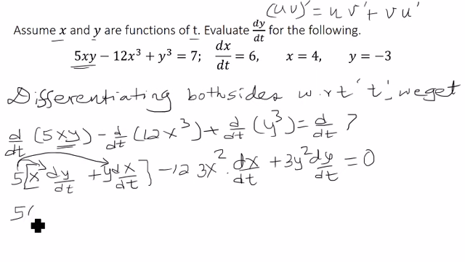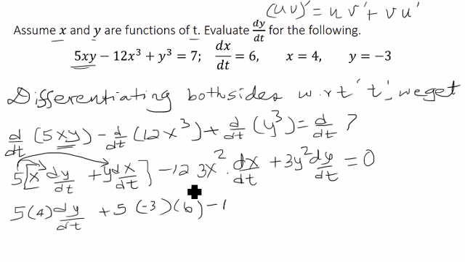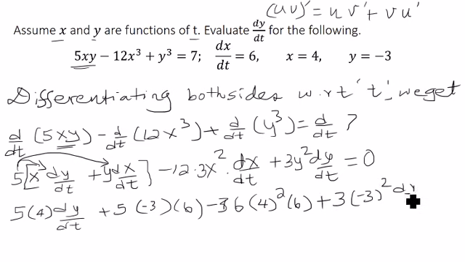So 5 times the value of x, which is 4, times dy/dt, the quantity we're looking for, so we're just leaving this as it is, plus 5 times y, which is negative 3, and then dx/dt is given as 6, minus 12 times 3. 12 times 3 is 36, so let's put in 36, and then the value of x is given as 4, so it's going to be 4 squared, times dx/dt which is 6, plus 3 times y, which is negative 3 squared, and then dy/dt is going to stay back because that's the missing quantity here, equals 0.